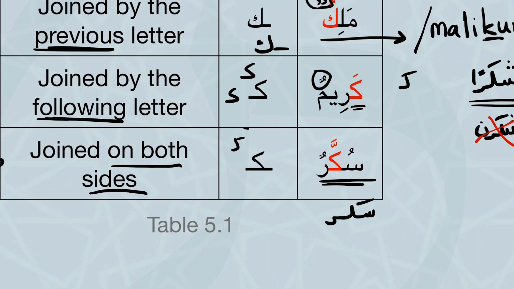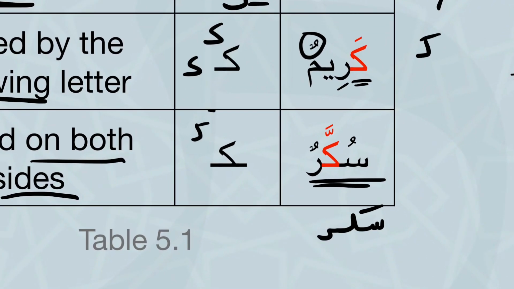So let's pronounce this word. So it's su. The sin has a dhamma, so it's su. And then there's the kaf, but the kaf has the shadda on top with a fatha. So how would I pronounce this? Let's imagine there's no shadda here, so it's ka.